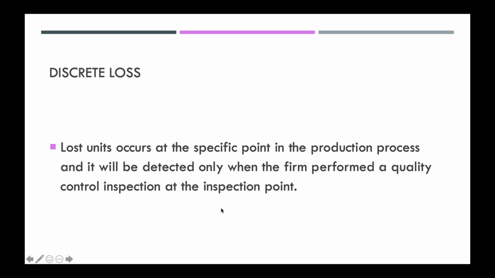So sa discrete loss, sasabihin ng problem kung saang point nag-conduct ng inspection for us to determine whether there are lost units or not. Okay, so ang determination ng lost unit is at the inspection point. Sa continuous kasi, hindi given kung saan yung inspection point. Sinabi lang niya either the start, during, and then at the end. So this time, specific yung point kung saan yung inspection niya at kung saan natin malalaman kung merong lost units.